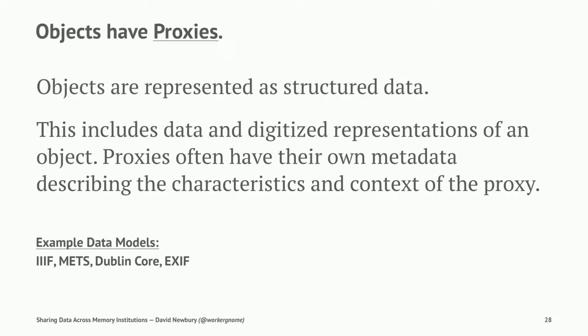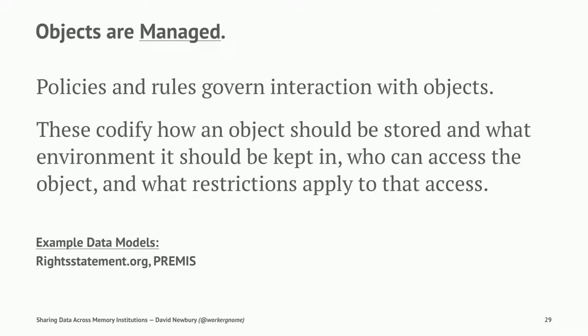It's not about the object, it's about the information object about that object. We also manage these objects. We have rules about who can do them, who can see them, who can carry them, what temperatures they have to be stored at, what restrictions we have around that. It's another way to look at objects and another thing that we model.